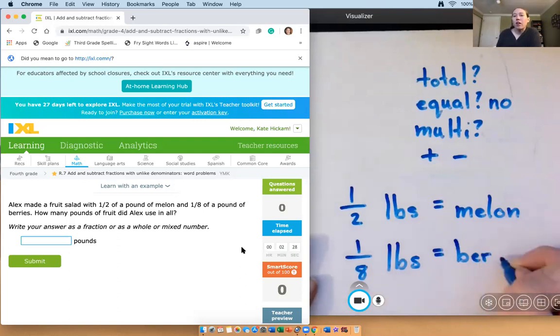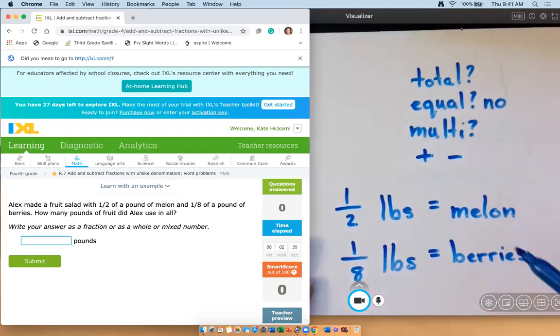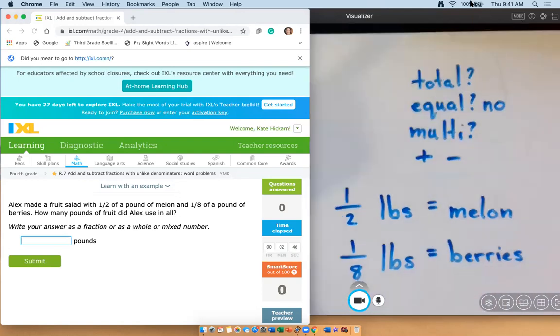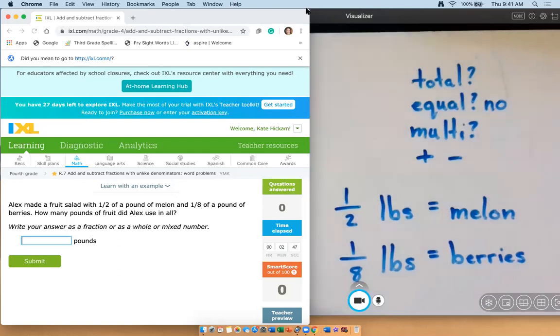Now I've pulled out all of my key information. I just have to finish answering those questions. Do I have my total? Well, it's asking how much she uses in all. So that tells me right there that I don't have a total, because I want to look for in all.